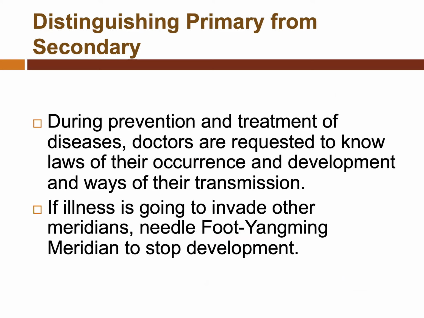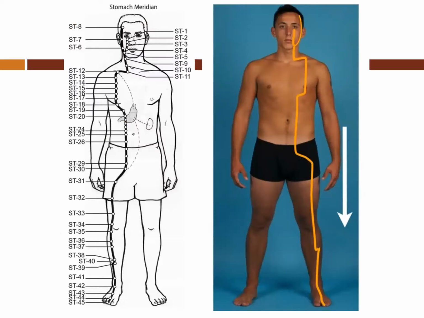During prevention and treatment of diseases, doctors are requested to know the laws of their occurrence and development and ways of their transmission. If illness is going to invade other meridians, needle the foot Yangming meridian to stop development, and that is the stomach meridian.